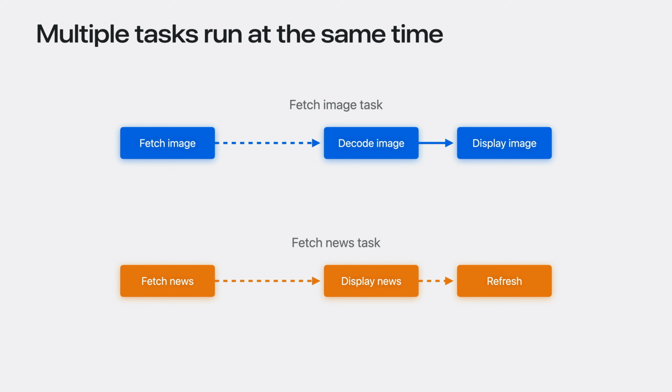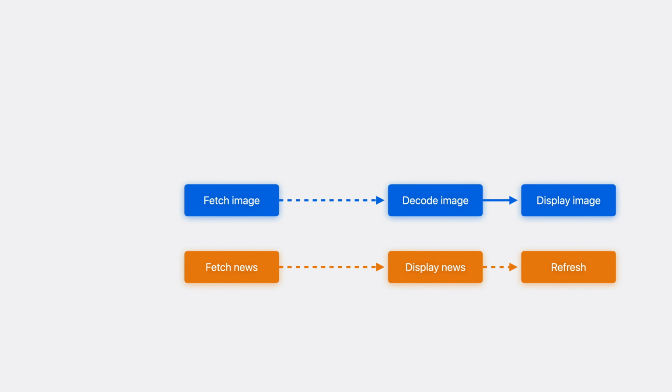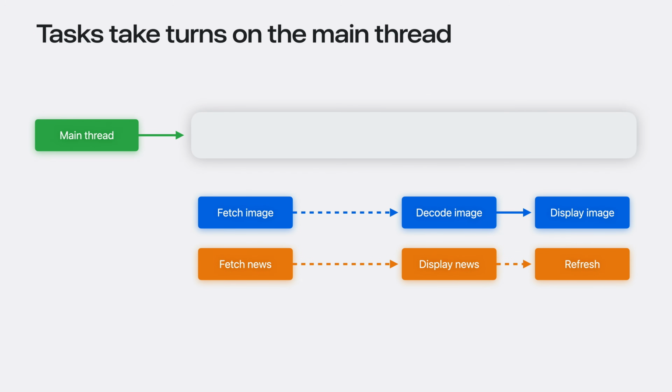Each task will complete its operations in order, from start to finish. Fetching happens in the background, but the other operations in each task will all run on the main thread, and only one operation can run at a time. The tasks are independent from each other, so each task can take turns on the main thread.